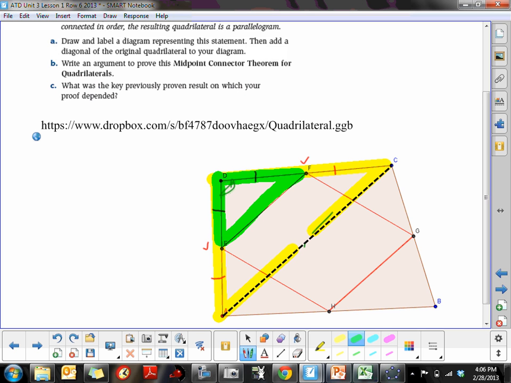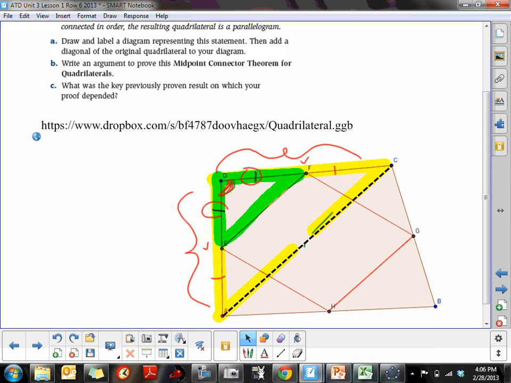And we proved earlier in the unit that those two triangles were similar because they share this common angle B, and their sides are a scale factor of 1 to 2. So by the side angle side similarity theorem, our green triangle and our yellow triangle are similar.